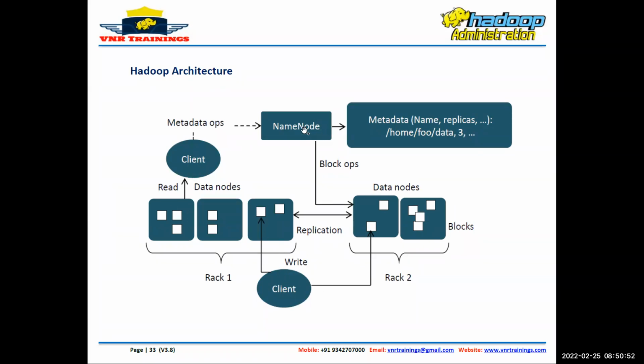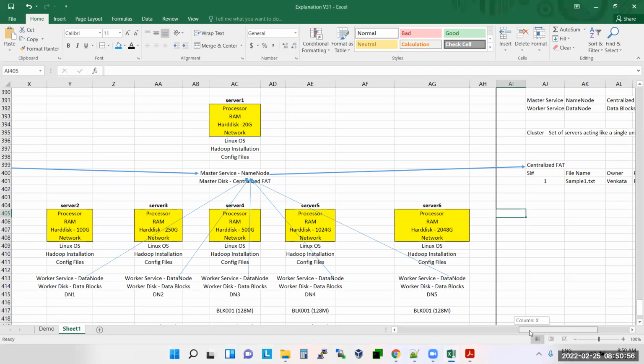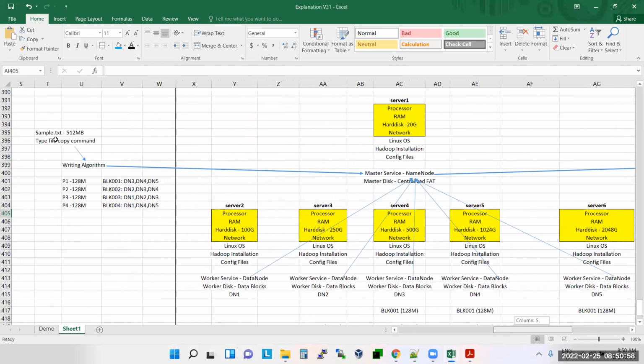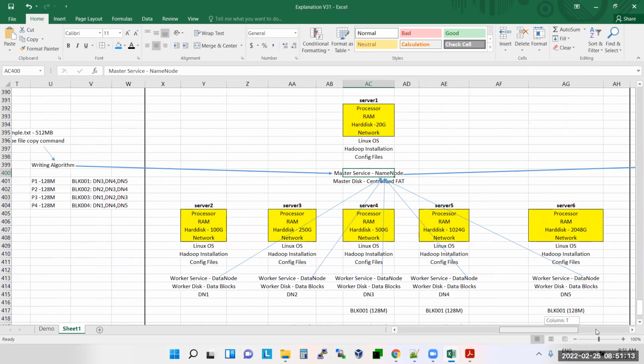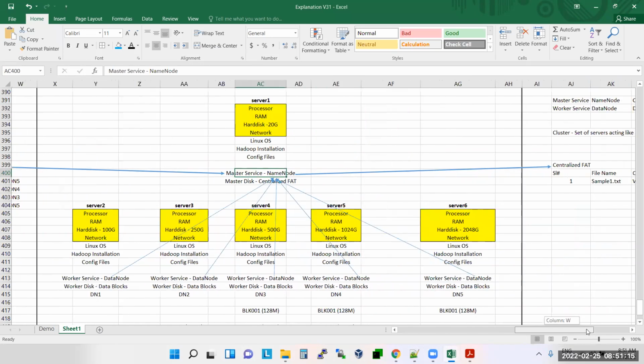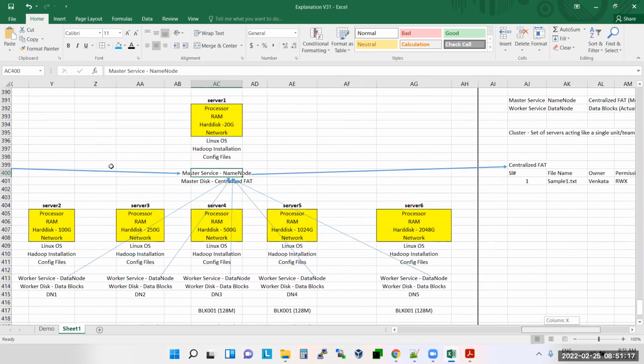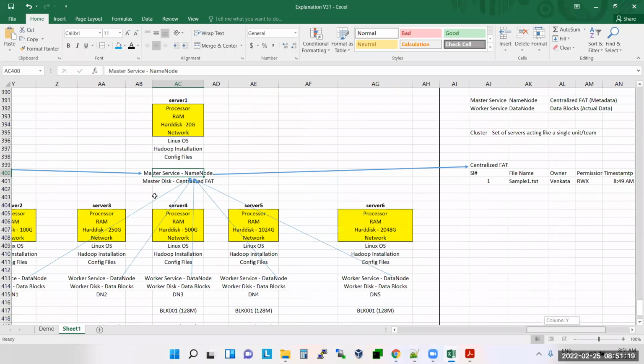So the client will connect to the name node. Whenever you want to write a file, as a user, as Venkata, you will type the command and press enter. In the background, the writing algorithm will be invoked and ask the name node, I want to write this file. The name node will check in the centralized fact whether this same entry is available or not. If not, the name node will confirm to the writing algorithm, start your process.